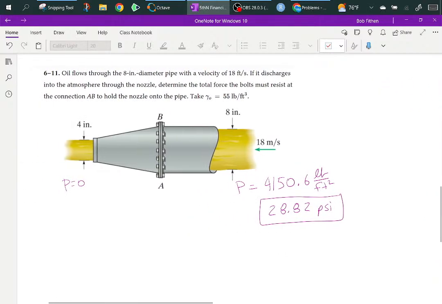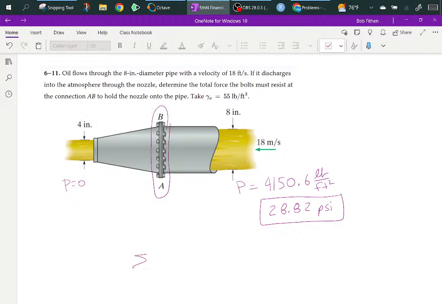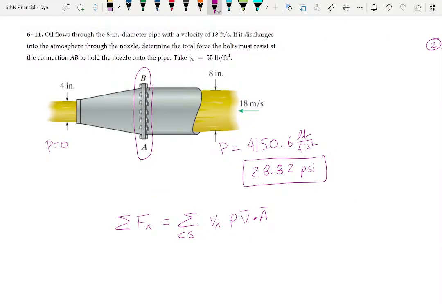Now we're dealing with finding the forces or things that are held by those bolts. So if you look at this, sum of the forces in the x direction equals the sum over the control surfaces of Vx rho V dot A. Notice something interesting here: this is m dot, and that's all it is.